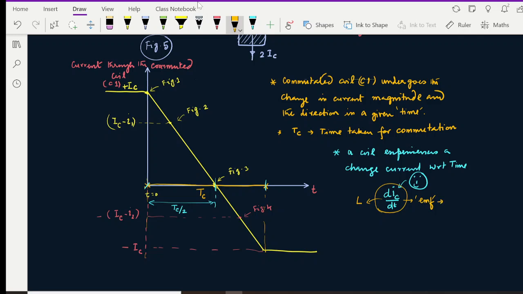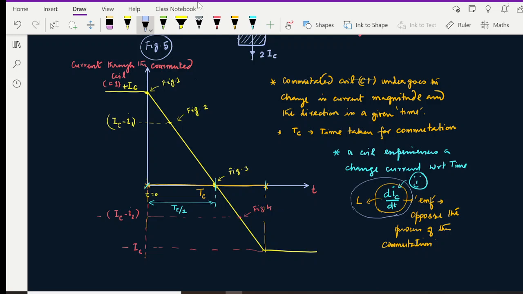That induced EMF is basically going to oppose the process of this commutation. We know that as per Faraday's law, any induced EMF, say self-induced EMF, will oppose the cause. Now the cause is the reversal of current, correct? I mean, how quickly the reversal of the current happens, that is the cause.